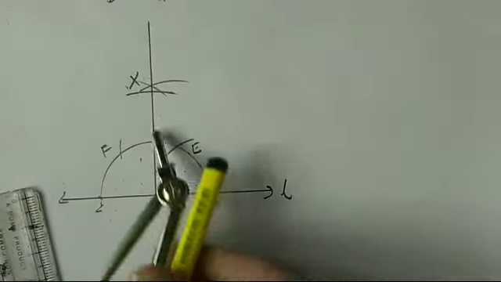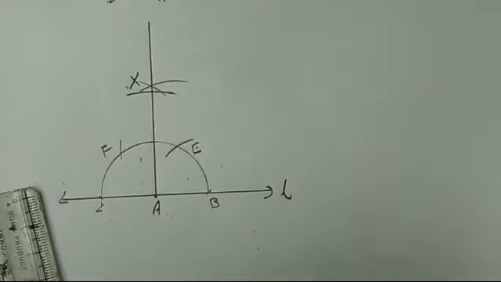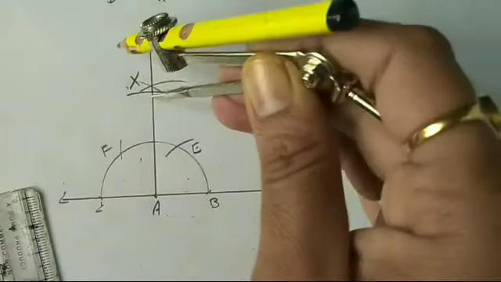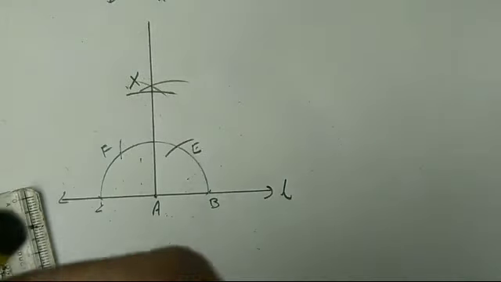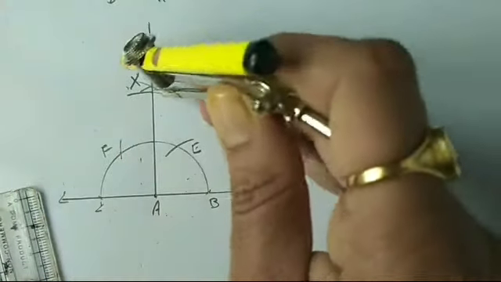So we have to draw from X. What we can do is what we have done in the previous question. We draw an angle of 90 degree at this point X. The procedure is the same. Taking this point X as center, we cut an arc.